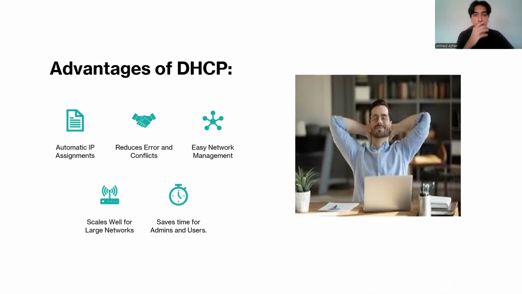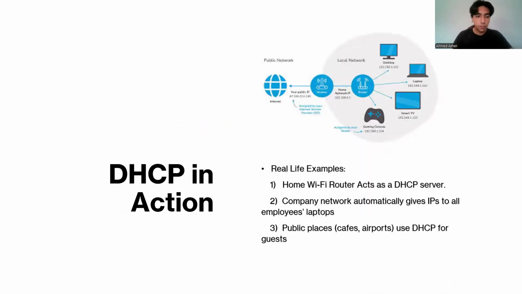DHCP makes network management super easy. There will be no more manual work, no more IP conflicts, and it works perfectly even in huge networks with thousands of devices. So it really eases the burden on labor, the manual people working at the offices.